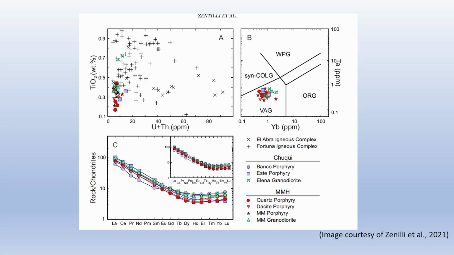They have a clear enrichment in light rare earths, LREEs, and depletion in heavy ones, HREEs. This is a typical pattern of magmas derived from a thickened crustal source, which have been modified by fractional crystallization and fluid exsolution. Again, it's a classic feature of porphyry systems.